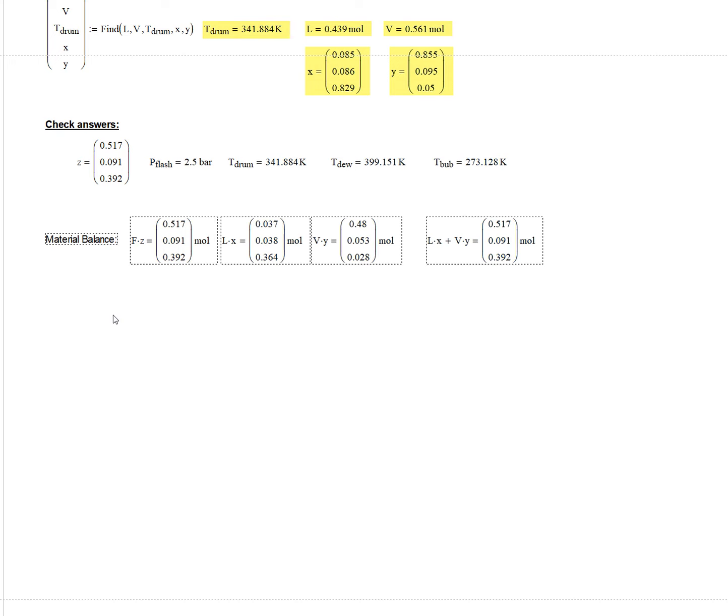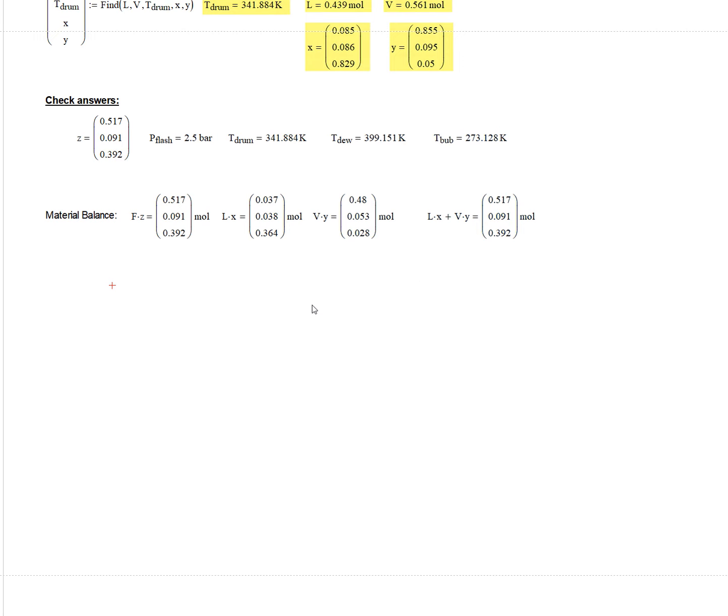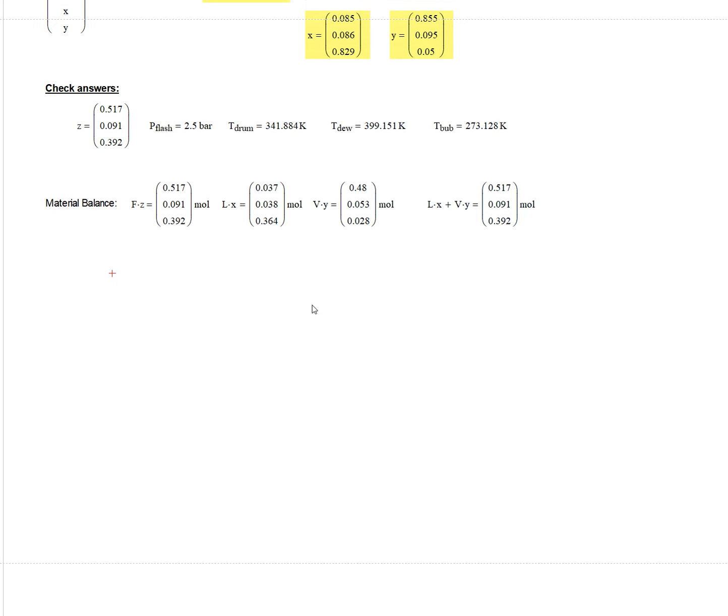Here's our feed coming in, our liquid and our vapor streams. You could do the math by visual inspection, or you could actually check, and you can see that everything checks. Everything is positive numbers. We don't see any abnormalities like negative mole fractions or negative liquid or vapor flow rates, so that's good.